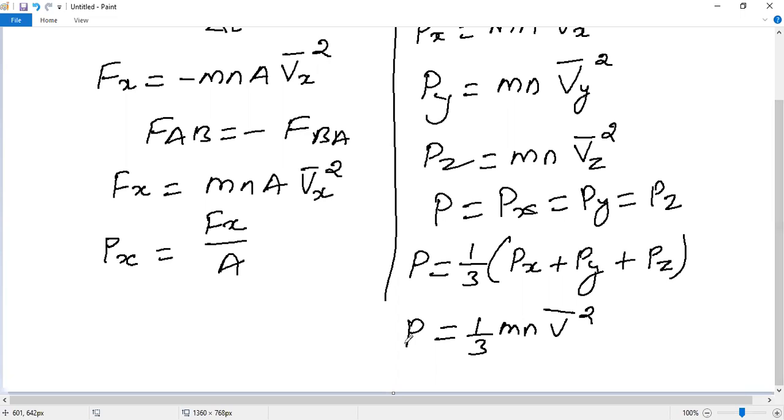Listen, V bar square means the sum of all the components: Vx bar square plus Vy bar square plus Vz bar square.